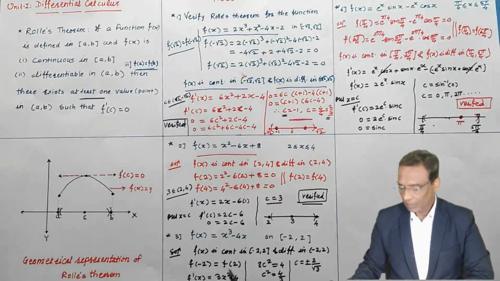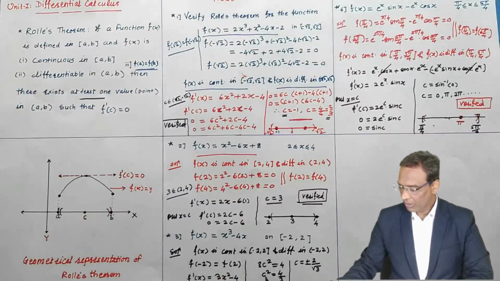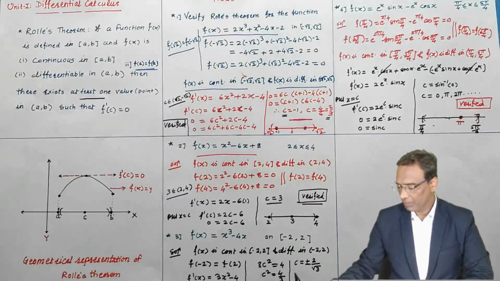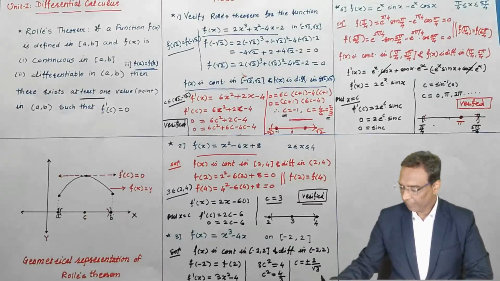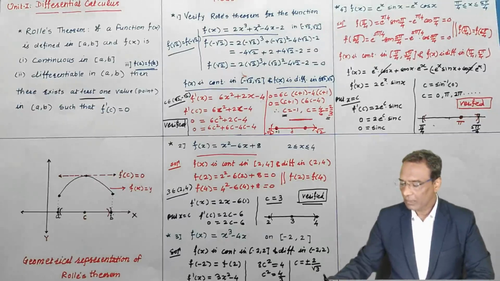For the value of C, take the derivative of f x, put x equal to C, then 3c square equals 4, c square equals 4 by 3, and C is equal to plus minus 2 by root 3. Plus minus 2 by root 3 is lying in the open interval.